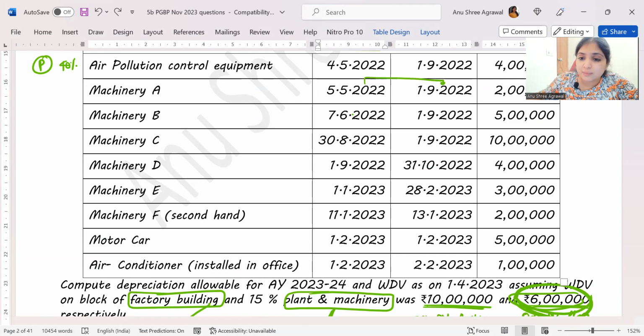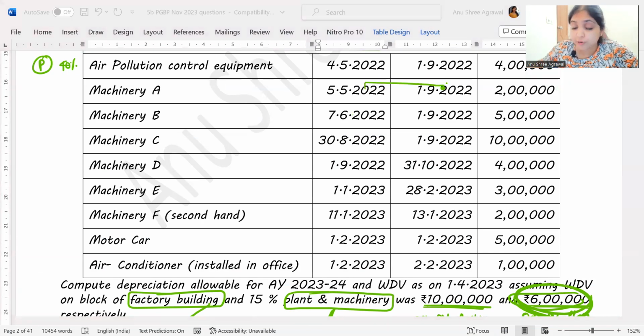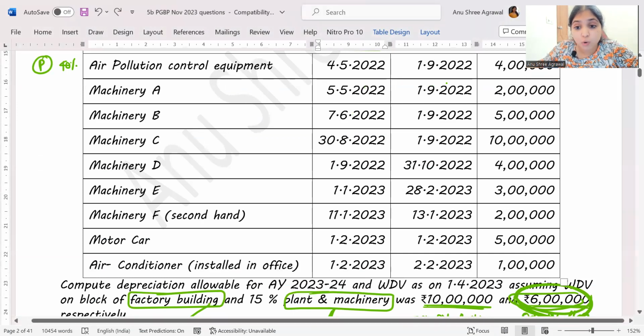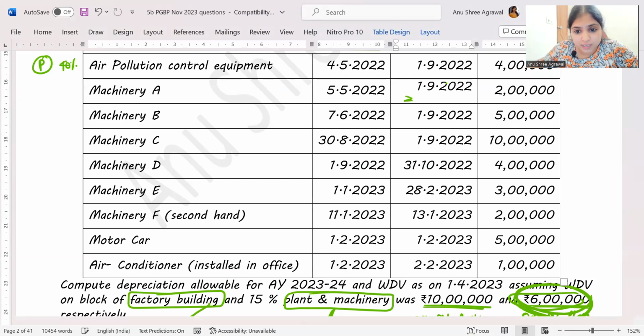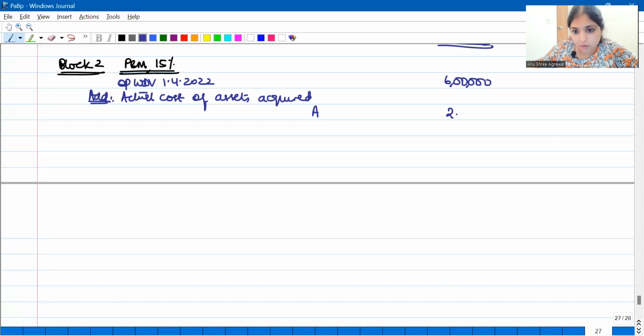We put it to use on 1st September 2022, indicates we have put it to use in the same year in which we acquired. So because we put it to use in the same year in which we acquired, we will check was it put to use for at least 180 days. 1st September 2022, definitely we have put it to use for at least 180 days. So therefore we will get full year's depreciation, 2 lakhs. So machinery A, 2 lakhs.